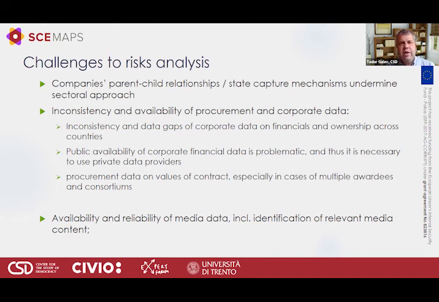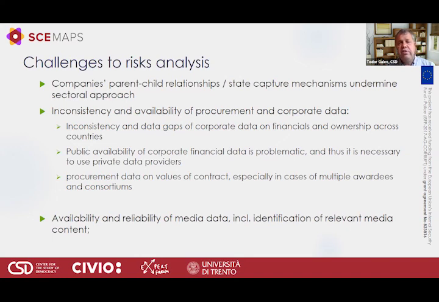This is why many of the red flags and some of the computations are not possible on a sectoral level, because to do this analysis on a sectoral level, we have to cut and disaggregate the companies' networks.